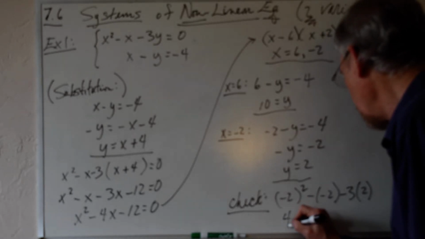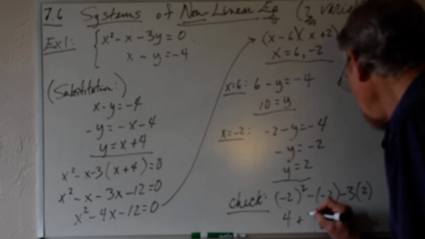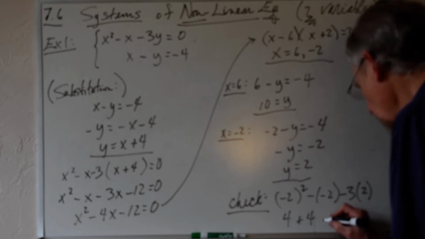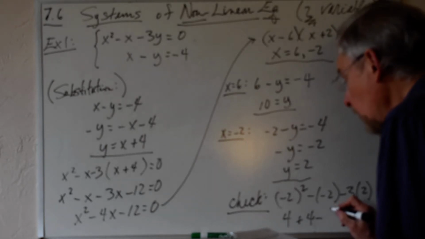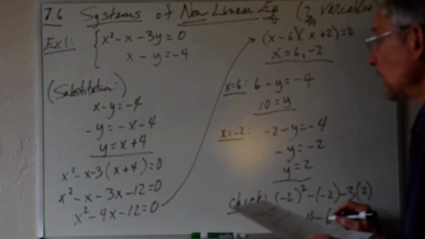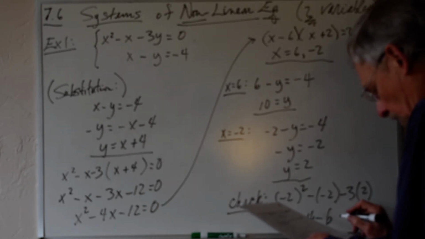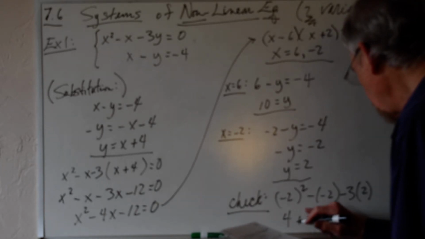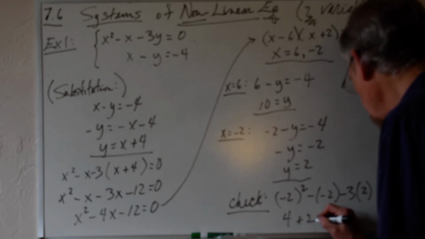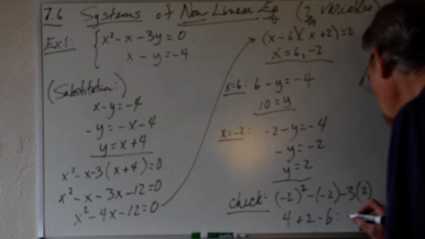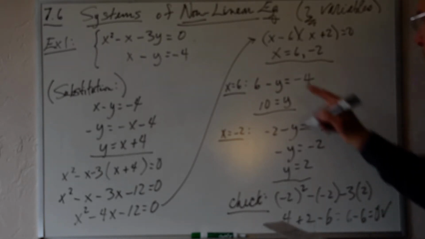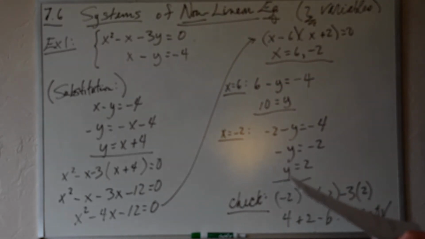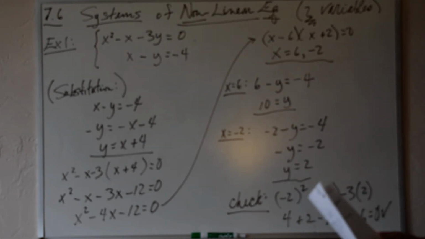So I'm going to get 4 plus 2 minus 6, which equals 6 minus 6, which equals 0, so that one works out there also. So I have checked my answers and I've got the problem solved.